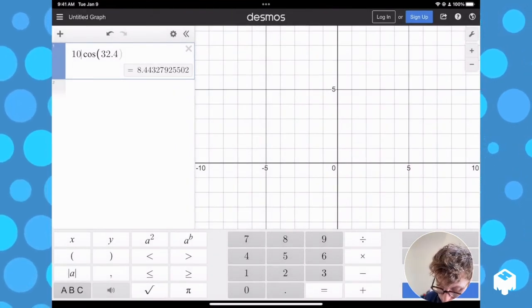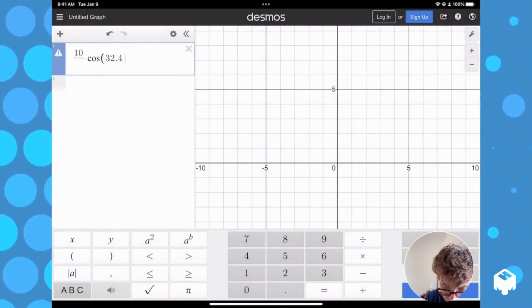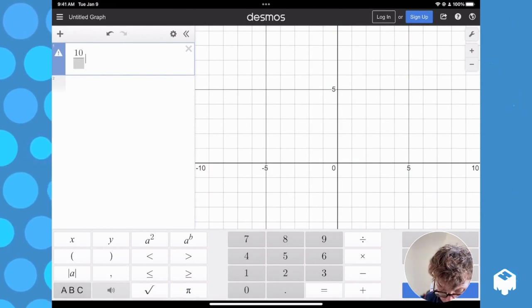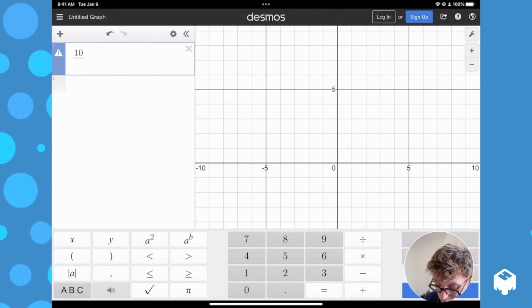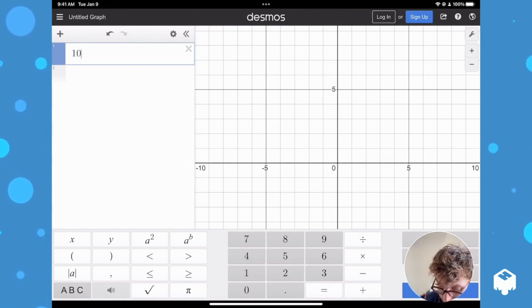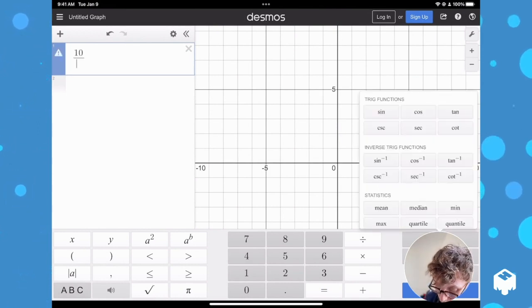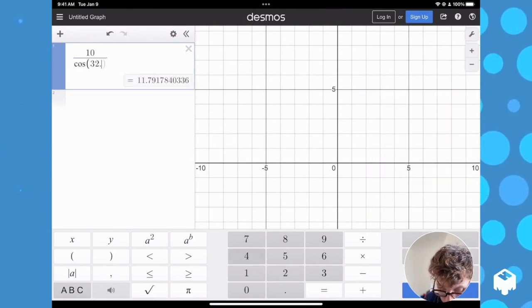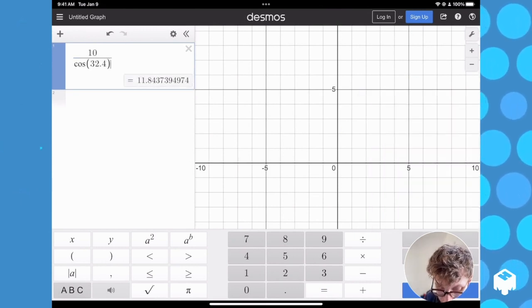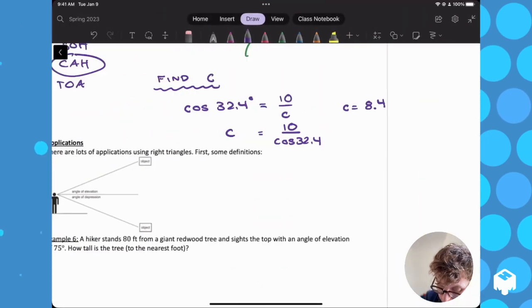We should have done divided by. So when I did the switcheroo, I have 10 divided by the cosine of 32.4, and I see that that is 11.8. So that equals 11.8 units here.